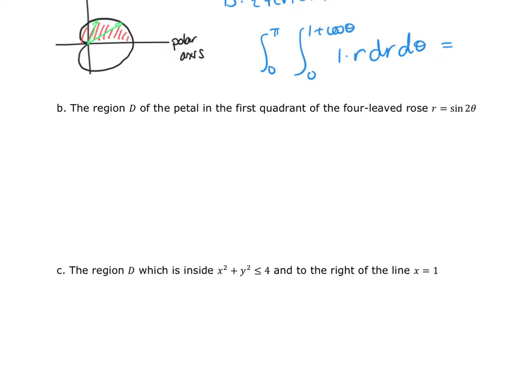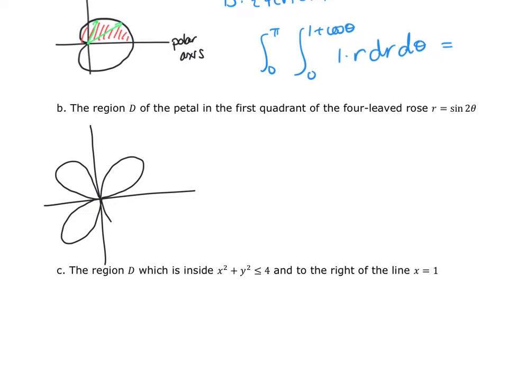This one, the region D, the petal of the first quadrant of a four-leaf rose. So it looks something like this. Okay, so this is my polar axes. Now I'm in the first quadrant for this, so that tells me that my theta is going to run between 0 and pi over 2.